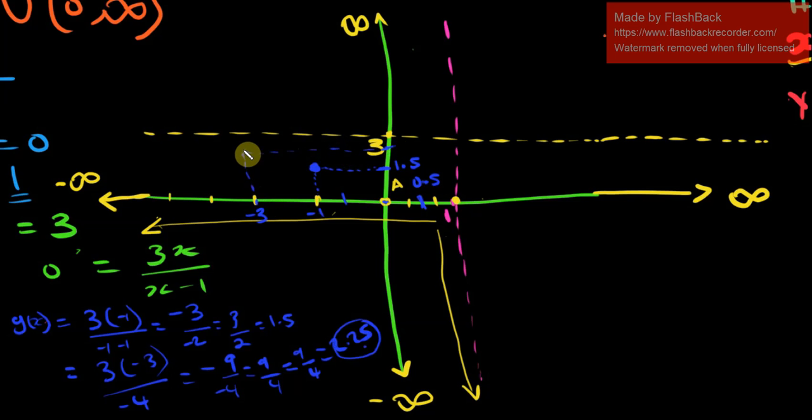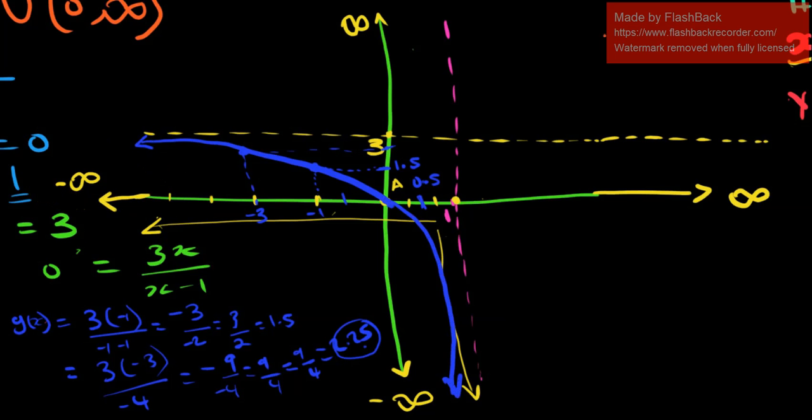So from here you can see the behavior of this function: it approaches 3. It approaches our horizontal asymptote as x approaches negative infinity.